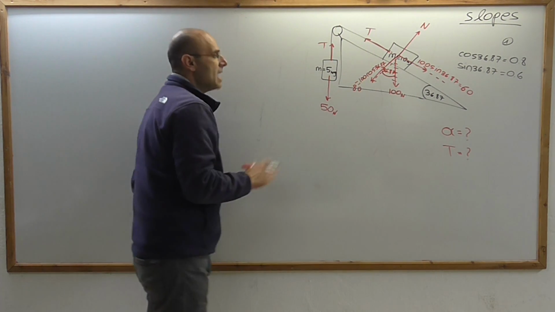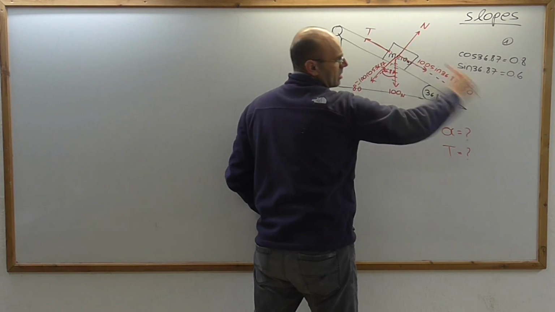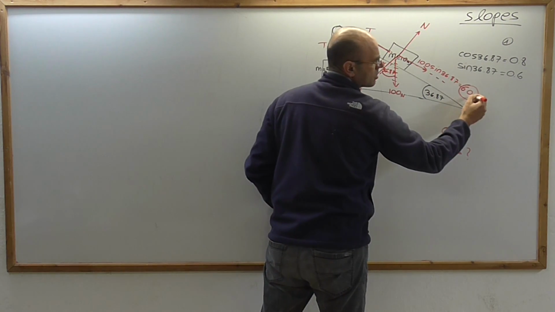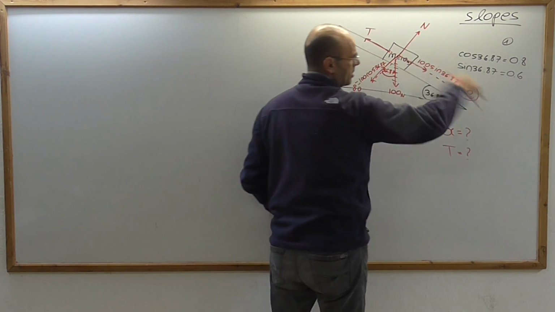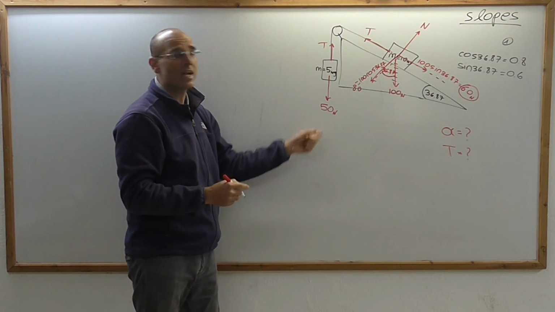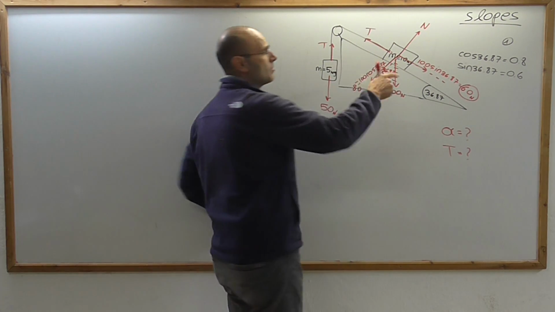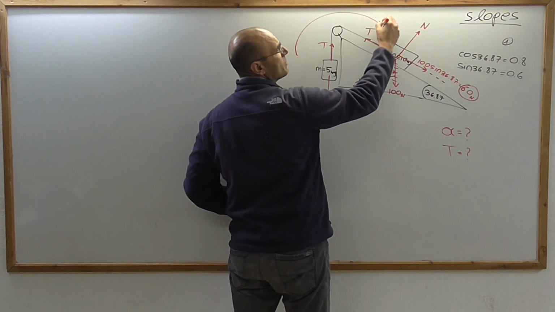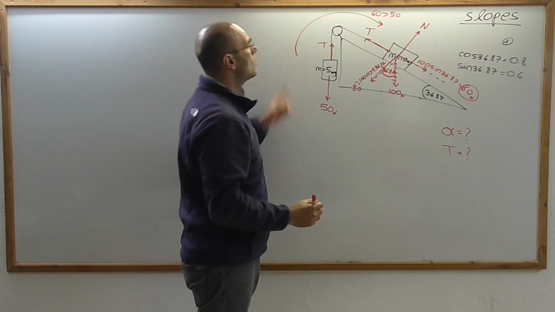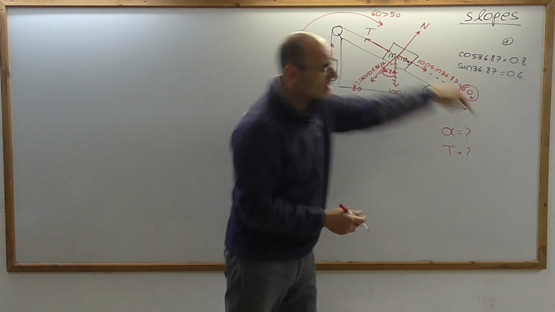Okay. Now I ask myself a question. This way, we have 60 newtons, which pulls the system that direction. That direction, I have external force, the 50. Who is bigger? 60. So if 60 is bigger than 50, this is why the system, these two masses, will go that way.